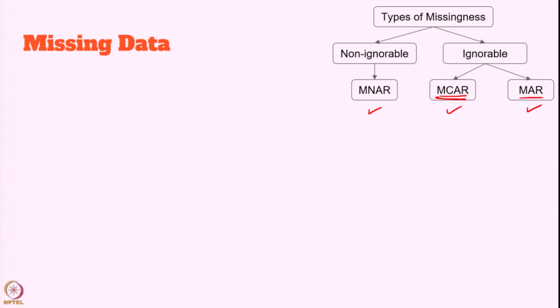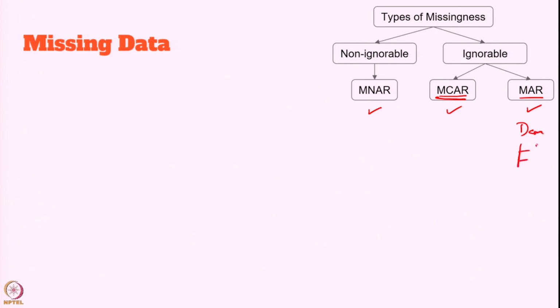Now what is MAR? MAR is missing at random. It means the reason for missing values can be explained by a variable on which you have complete information, as there is some relationship between the missing data and the other values of the data. Say, for example, you have demographic data in which you have asked various questions.